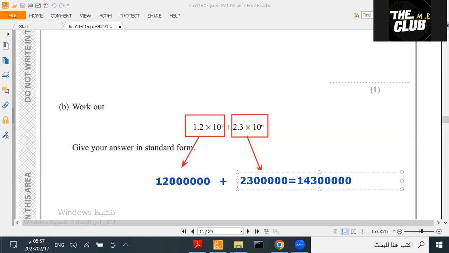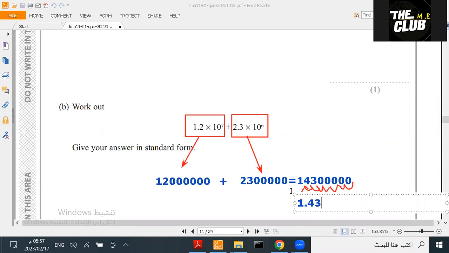How do we turn this into standard? We're going to move the decimal point. The point is here. We're going to move it 1, 2, 3, 4, 5, 6, 7 places.